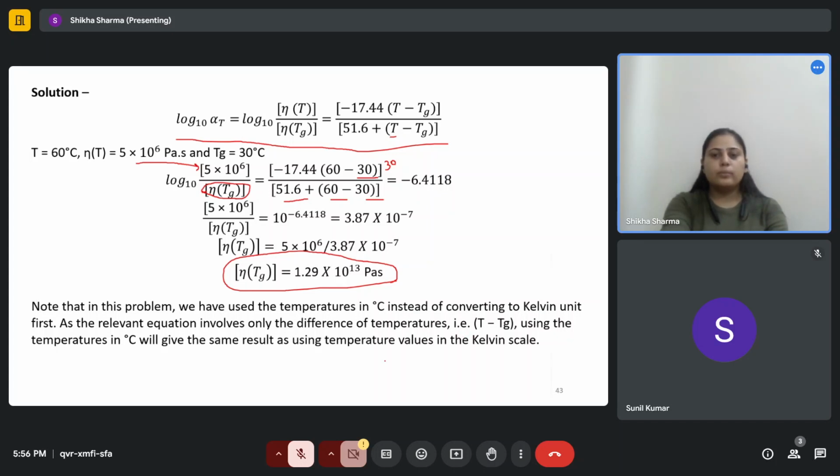So it will be the same in Kelvin and degree Celsius. So we take degree Celsius, not Kelvin. Please note this also, because it's a minus, T minus Tg. So you understood this question? Can we move to the next question?